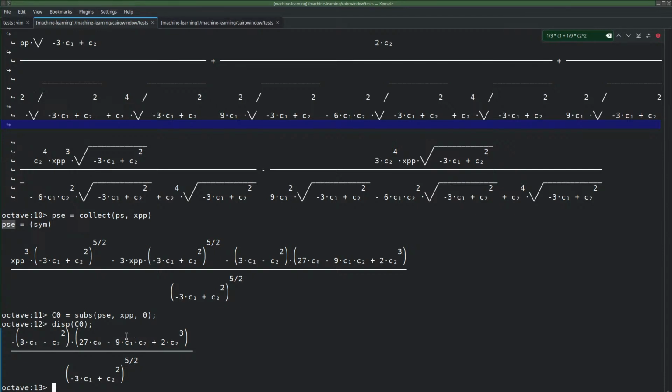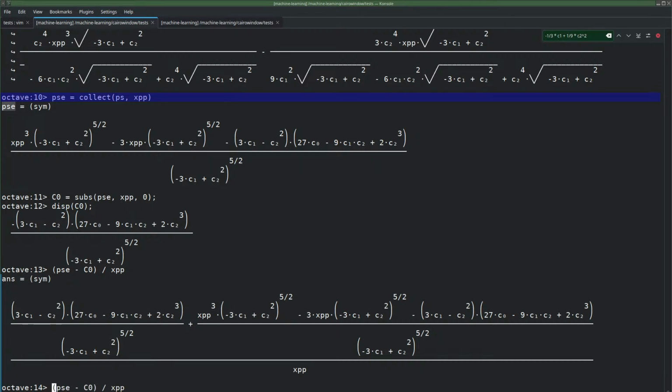That's just a constant thing, and then we can get the next one. Let's say I subtract this now. So do PSE minus C0. And then divide it by XPP.